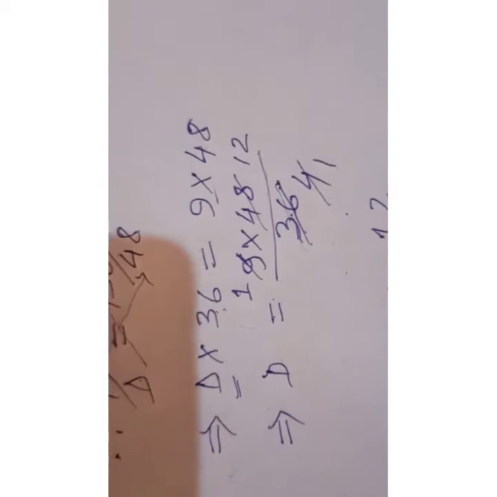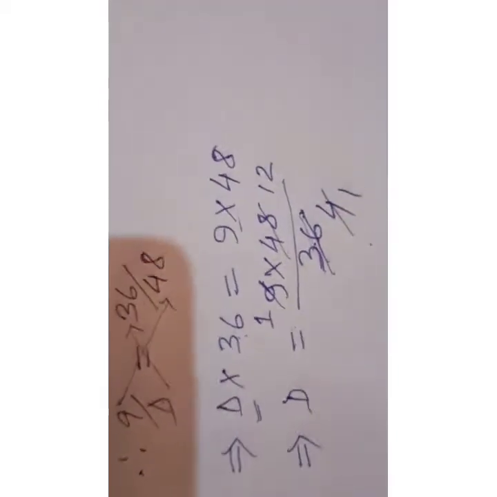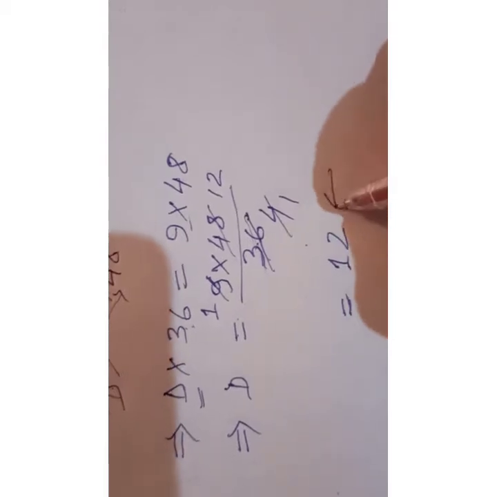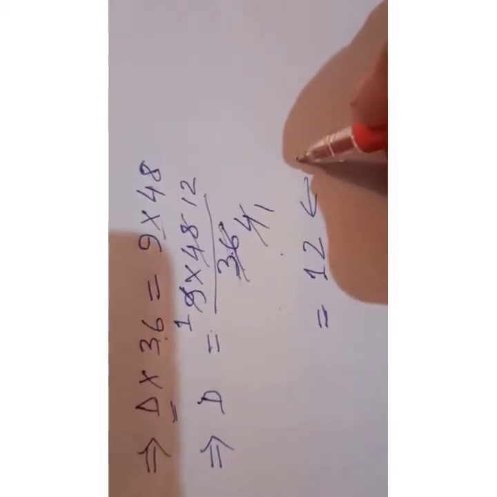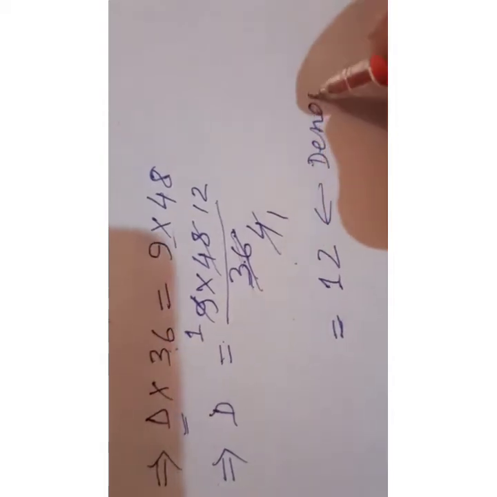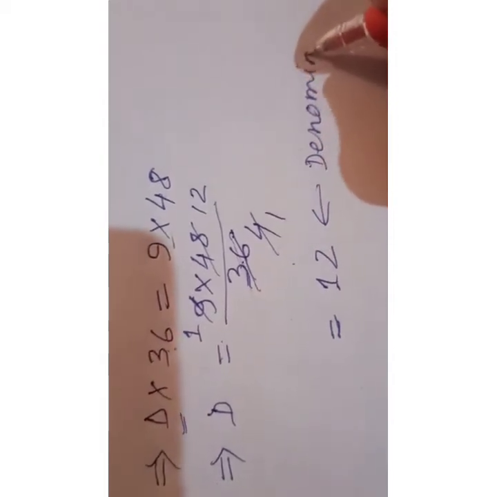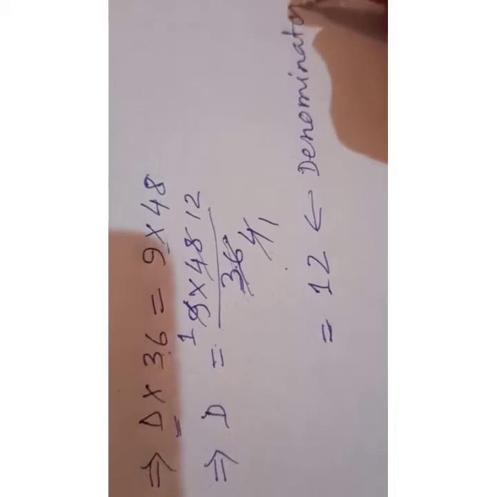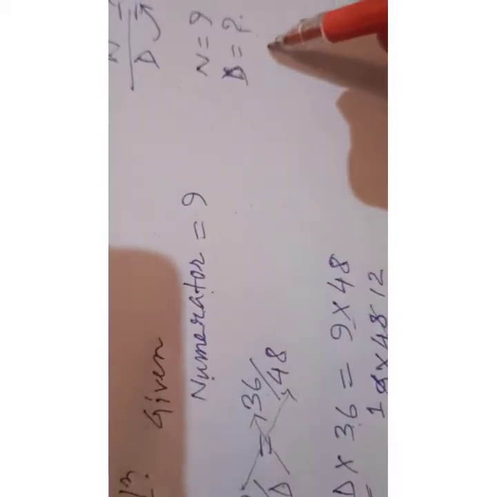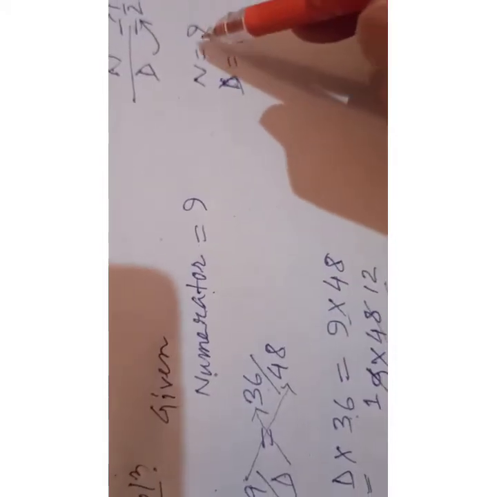Now we have got the denominator. So you can write denominator equals 12. Now we need to find that fraction, we have found the denominator, and the numerator has been given here, see 9.